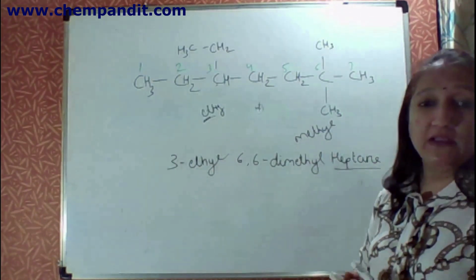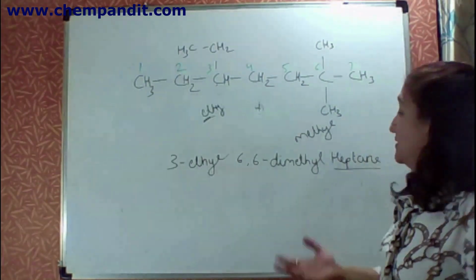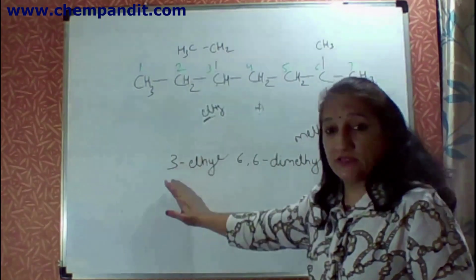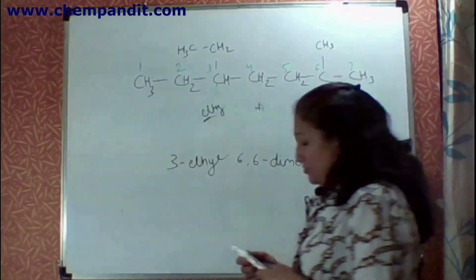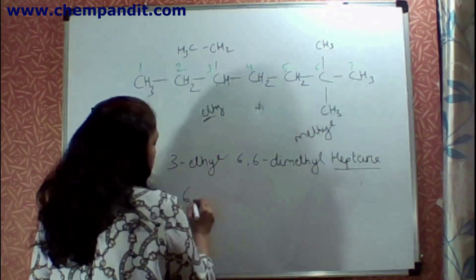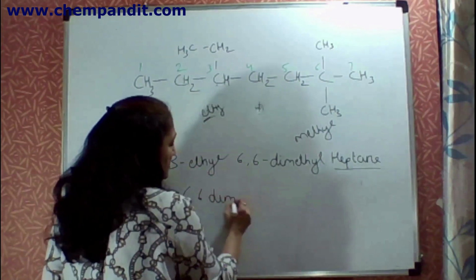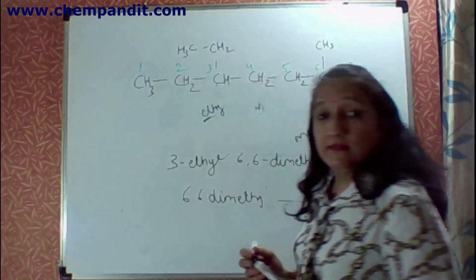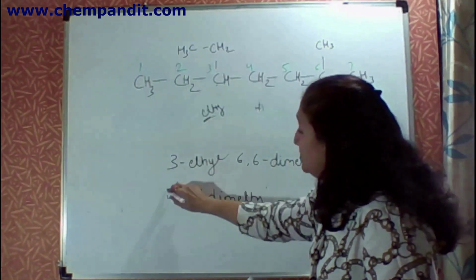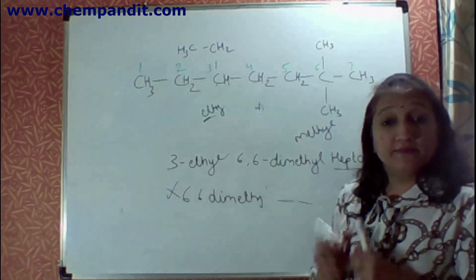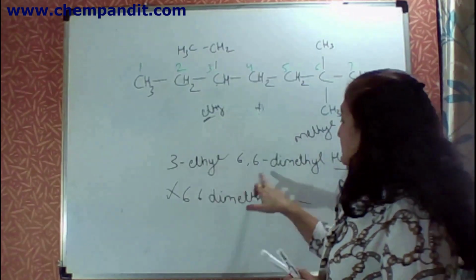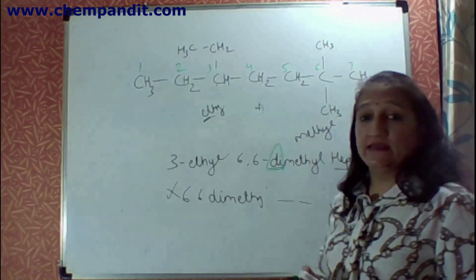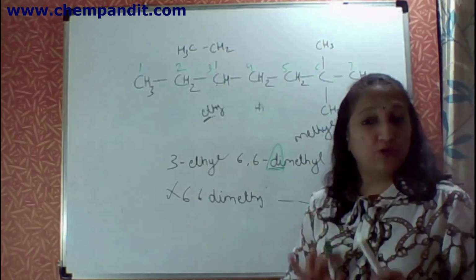Now some of you will say, ma'am, D comes before E, so this should come before this, right? So you can write the name as 6,6-dimethyl and so on. But I would say this will be wrong. Why? Because always remember that the prefix di or tri is not considered in this rule.